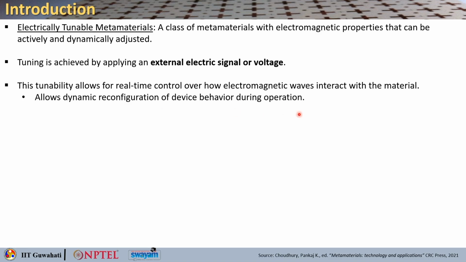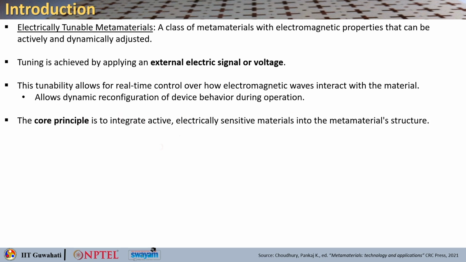So what is the benefit? It allows dynamic reconfiguration of the device behavior during its operation. The core principle here is to integrate active electrically sensitive materials into the metamaterial structure, so that when you change the electric field during its operation, it can behave differently.